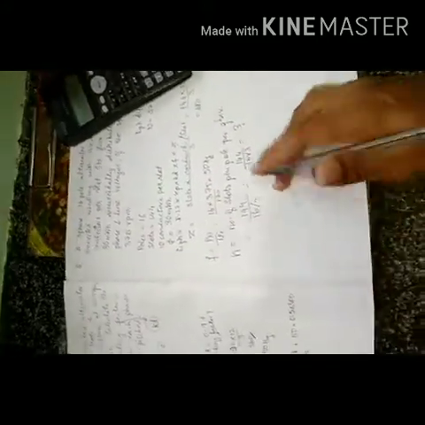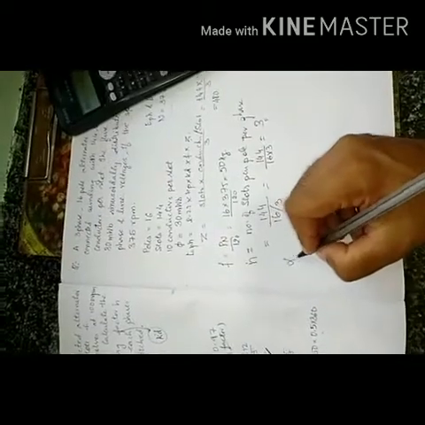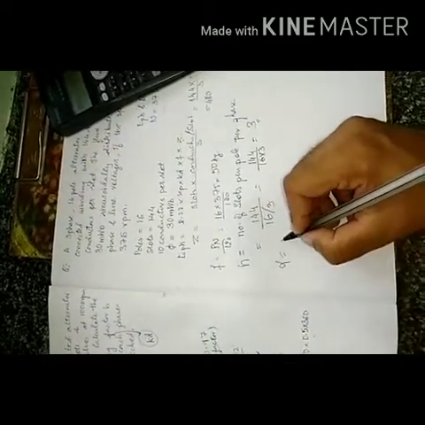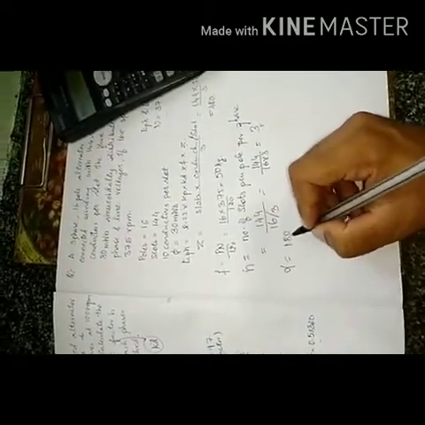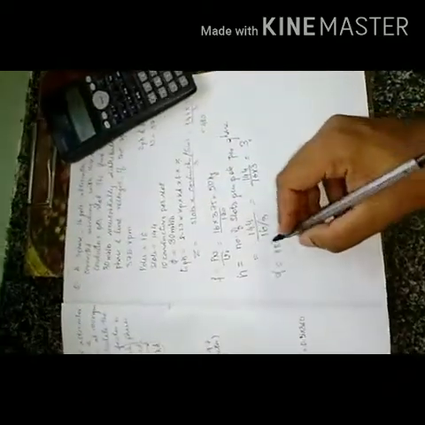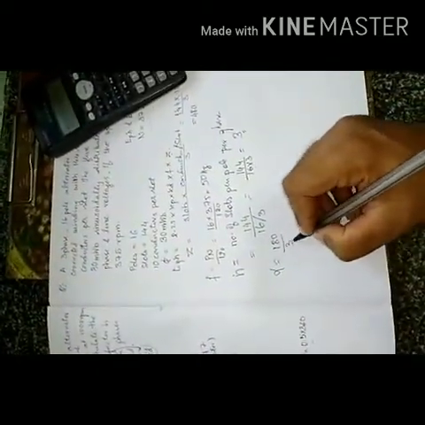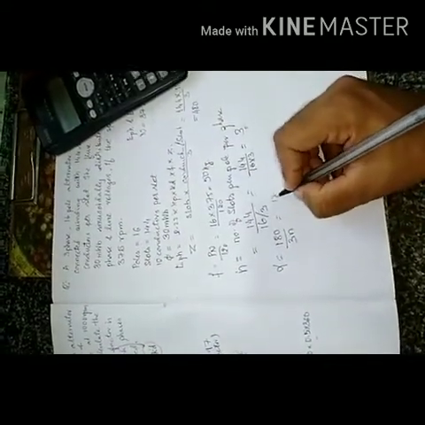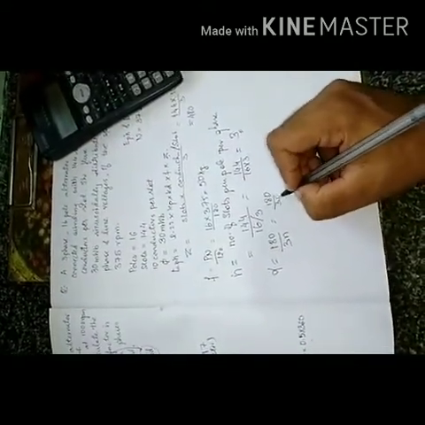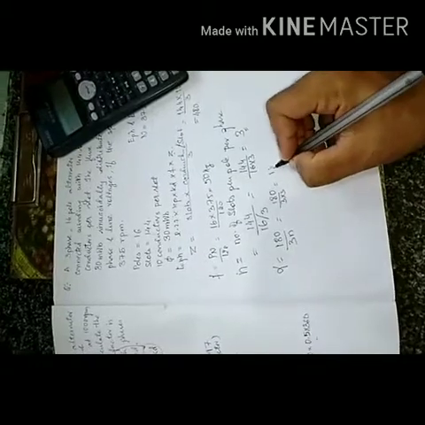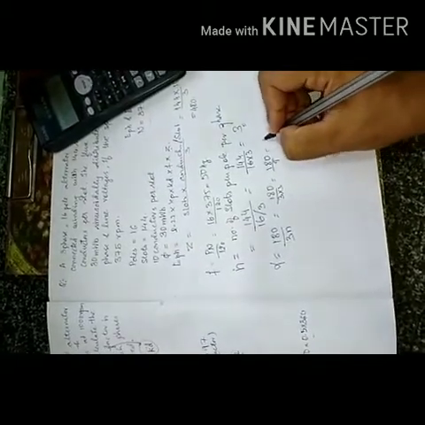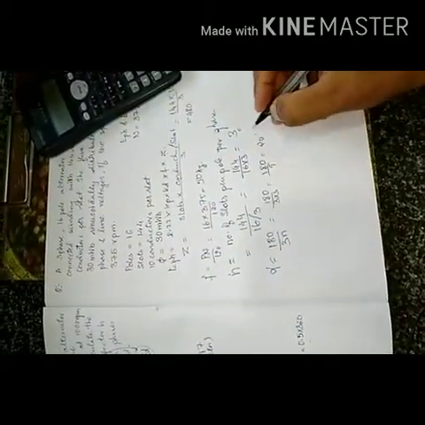Right. Now we need to calculate alpha, which is the coil angle or the slot angle, we can say. It is 180 by 3n, so 180 by 3 into 3, 180 by 9, which gives me the answer as 20.